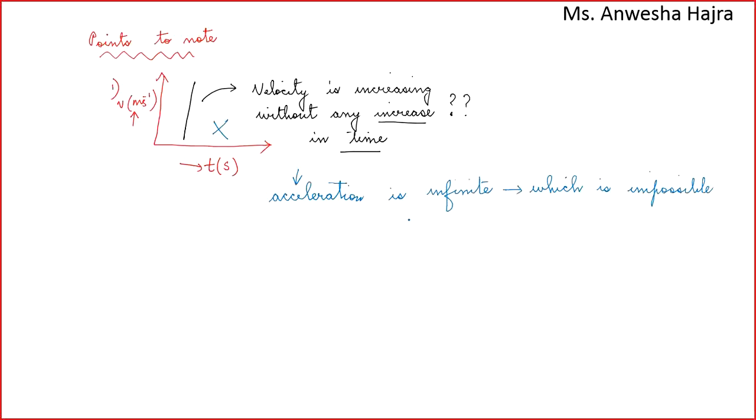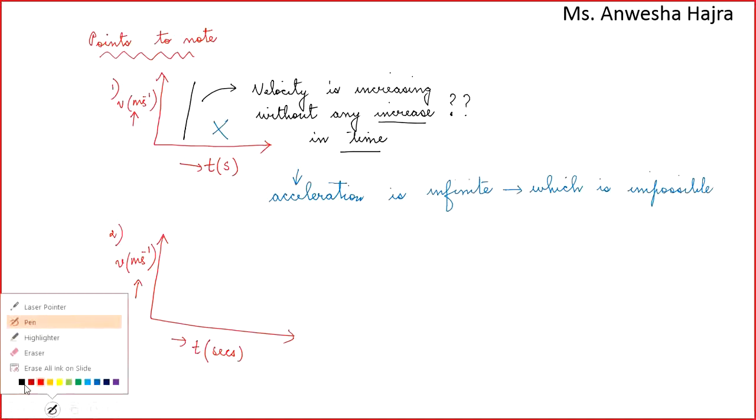Another point to note, children. Suppose a body is moving with an initial velocity. So it has a velocity. A body has some initial velocity, say 2 meters per second.